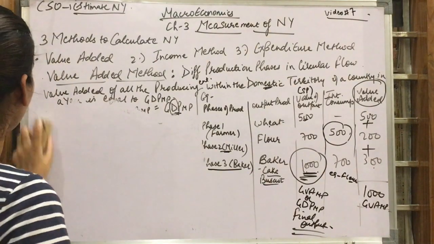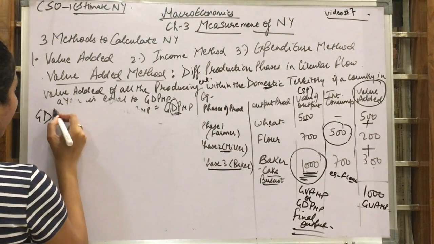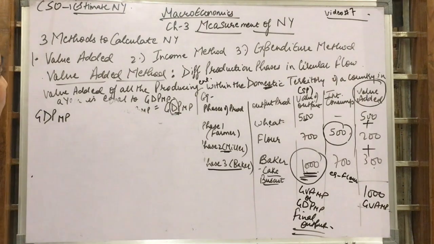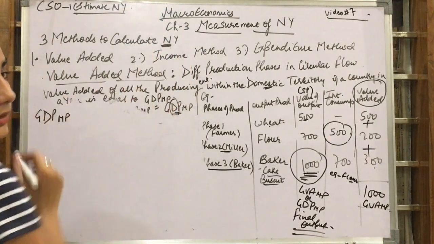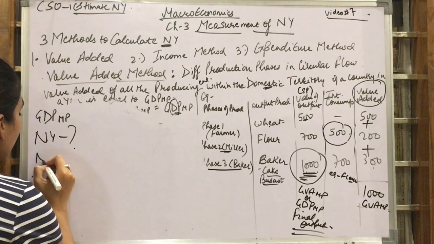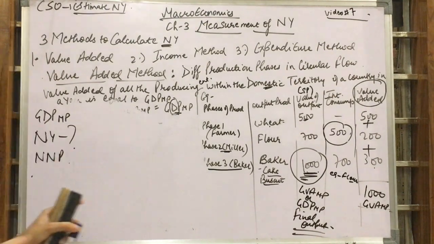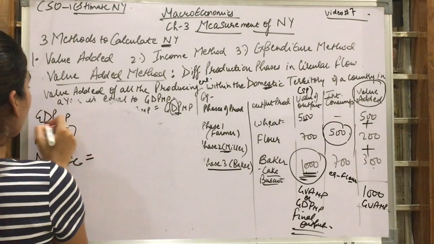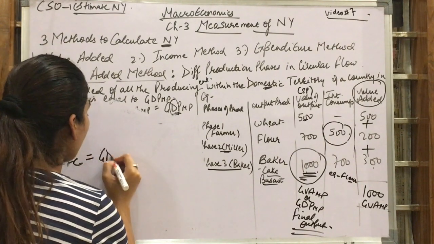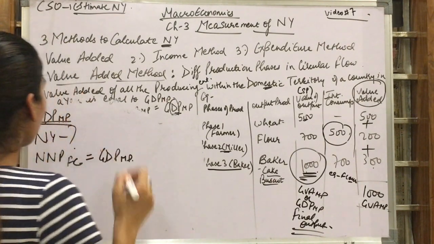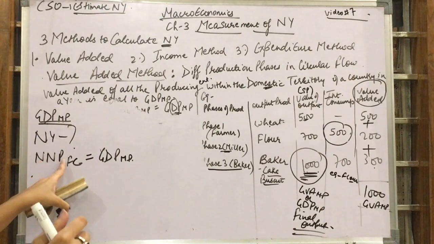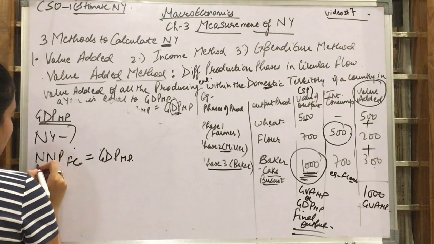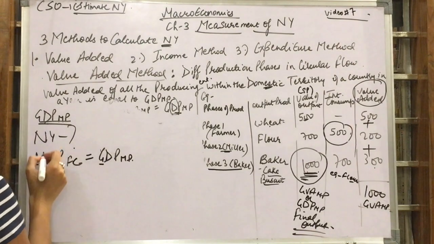Right, now we have found gross domestic product at the market price. Now we have to calculate the national income, meaning net national product at factor cost, which is equal to what is given, gross domestic product at the market price. Now how can we calculate NNPFC? Gross is given, we have to find out net.